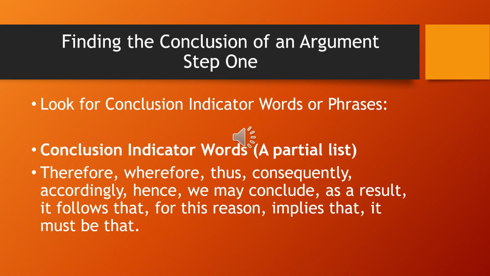And here is a partial list of some conclusion indicator words. Therefore, wherefore, thus, consequently, accordingly, hence, we may conclude, as a result, it follows that, for this reason, implies that, it must be that. So these are words that are used to indicate a conclusion is being given.